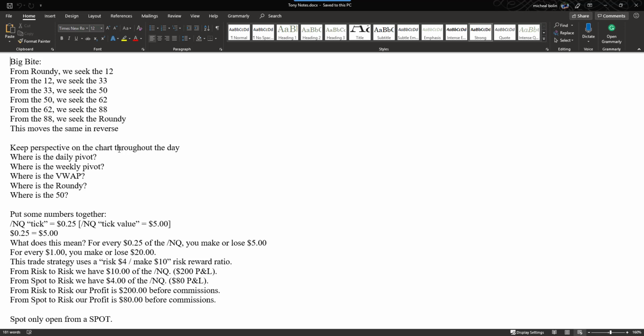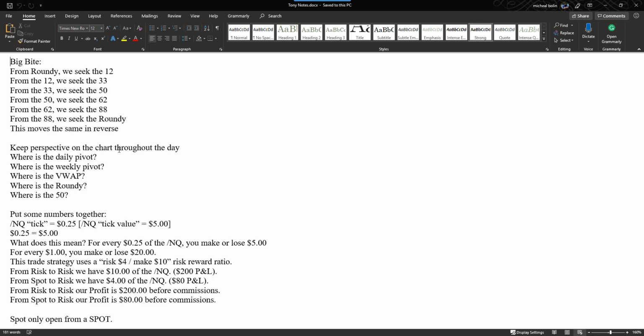Where is price going? Remember, the NASDAQ tick equals 25 cents. The tick value is $5. And what that means is for every 25 cents that the NASDAQ moves, you can make or lose $5. For every $1 the NASDAQ makes, you can lose or make $20.